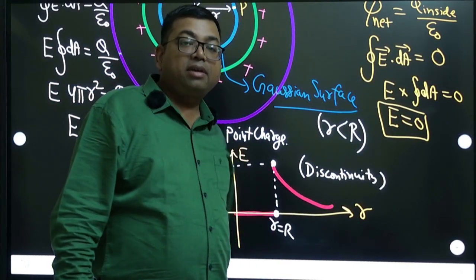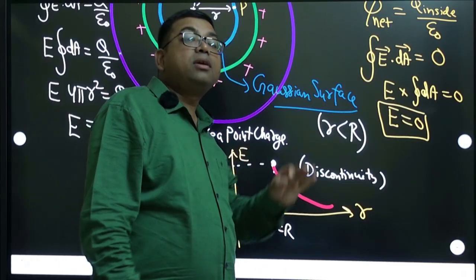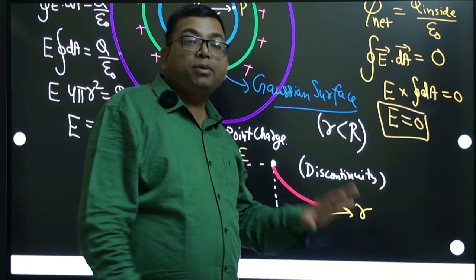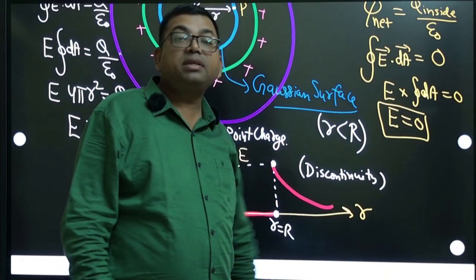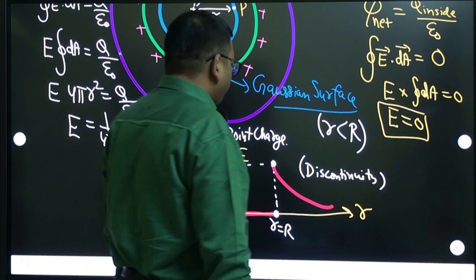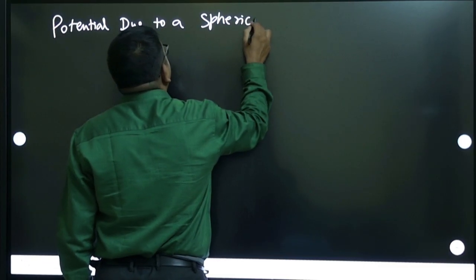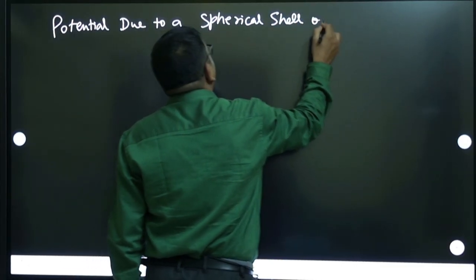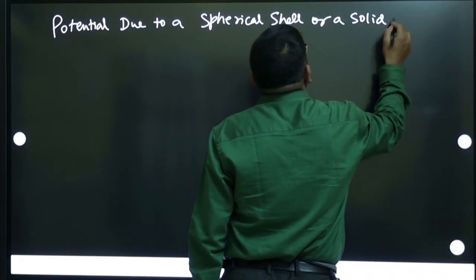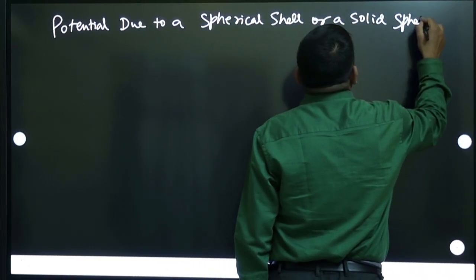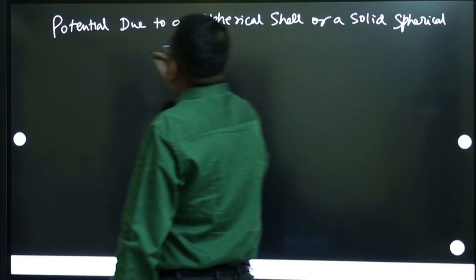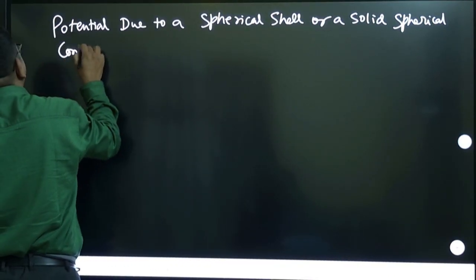We need to derive it, and for doing that derivation we must know the concept of potential energy and all that. So let us derive the potential due to a spherical shell or a solid spherical conductor.